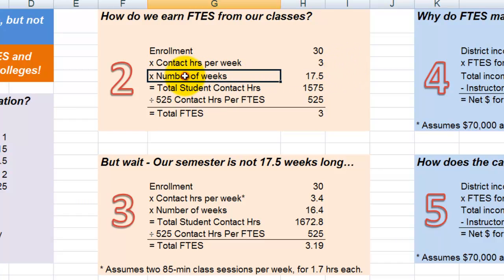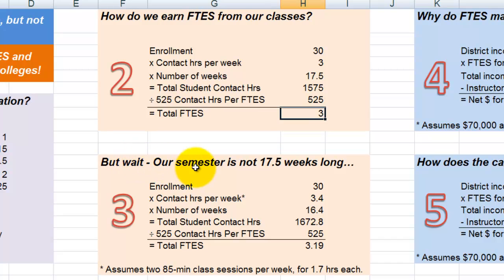We multiply that by the number of weeks in the semester, which is 17.5, so 30 times 3 times 17.5 gives you 1,575 total student contact hours. Then you divide that by 525, and you come up with 3 total FTES.